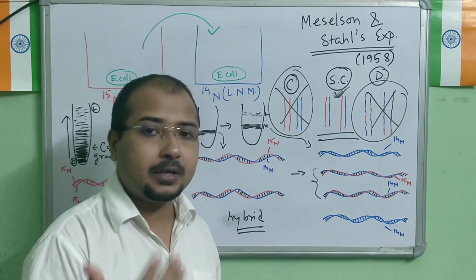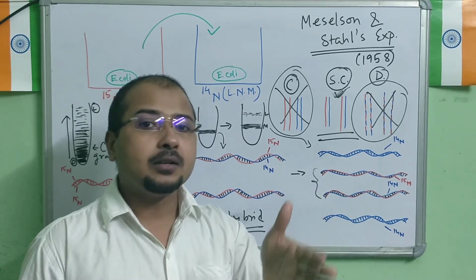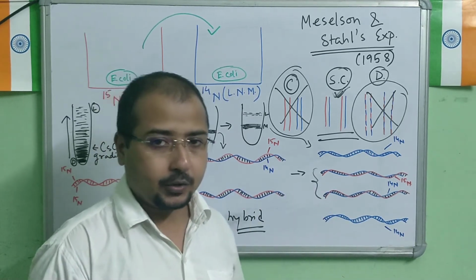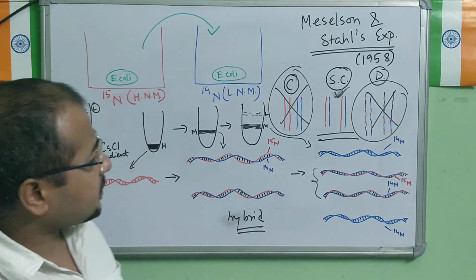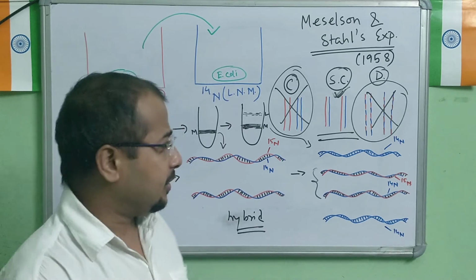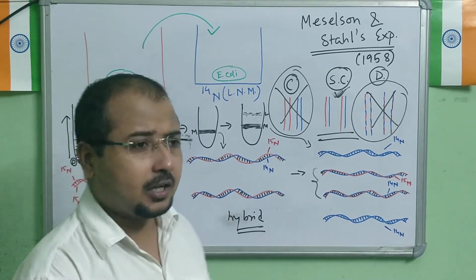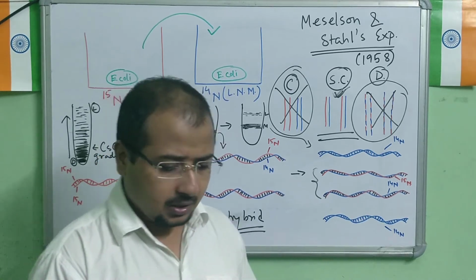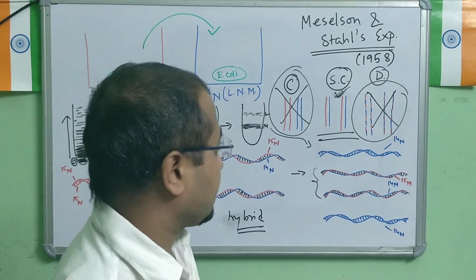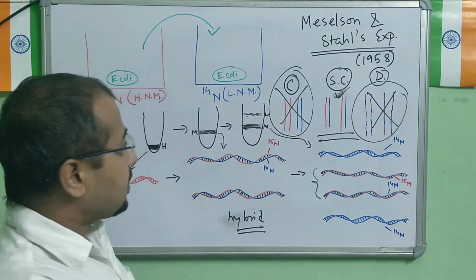The newly formed DNA consists of one old strand and one new strand. Okay, so this is a groundbreaking experiment done in the field of genetics, in the field of studying the DNA, in 1958. Okay, so I hope you understood this experiment.